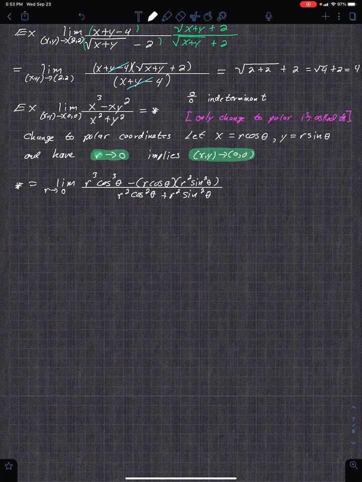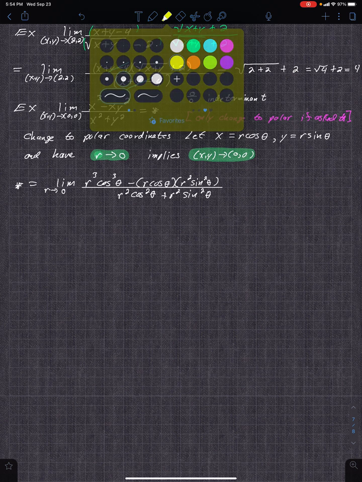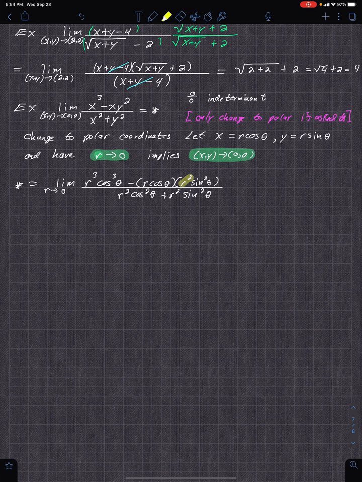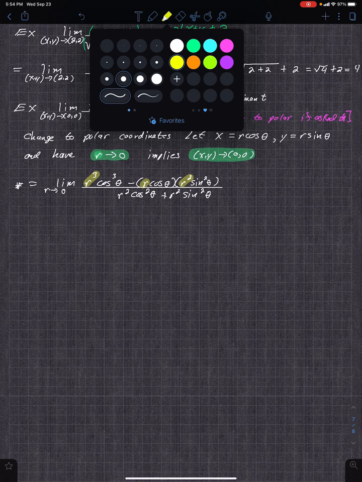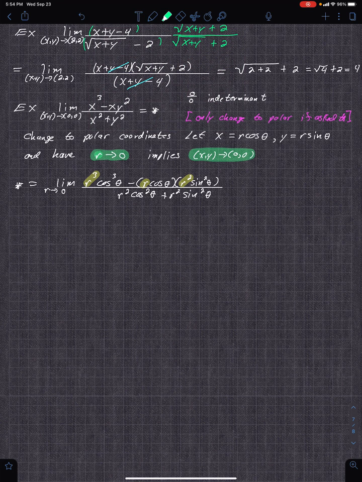Do you see things that might be able to factor? In the numerator you have r squared and r, so that's r cubed, and you have another r cubed here. And in the denominator you have an r squared and r squared.